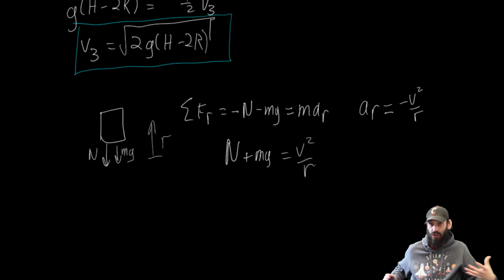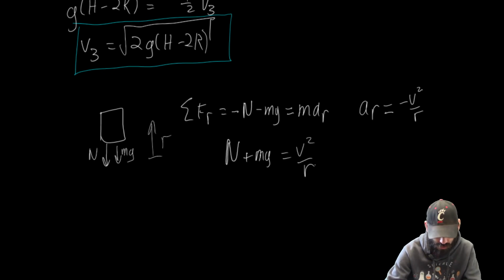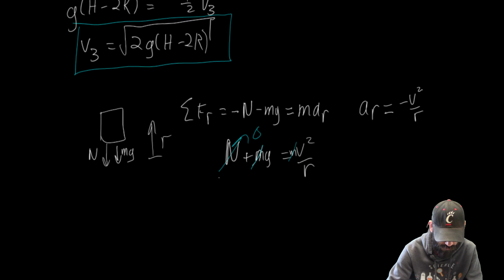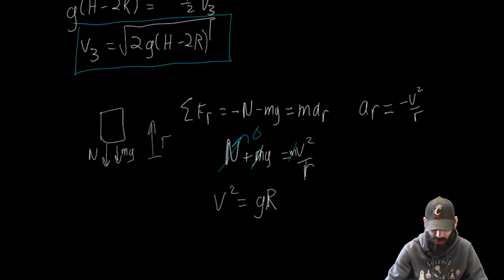Now the condition that it loses contact with the track is when the normal force goes to 0. Right. So the normal force is going to go to 0. And so what this says, we can cancel our m's. And so the condition that we have here is that v squared is going to be equal to g times R. I'm going to make it a capital R because that's the actual radius that I've given you in the problem.